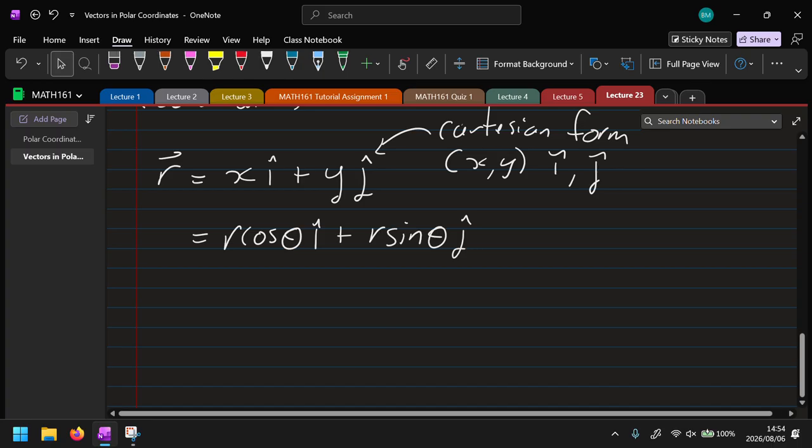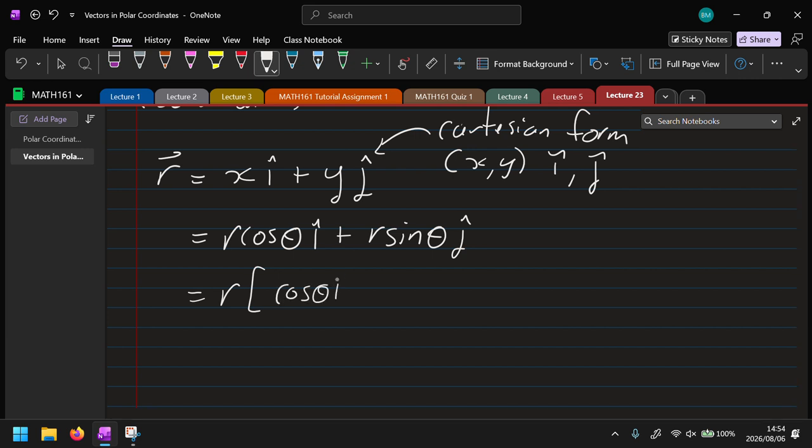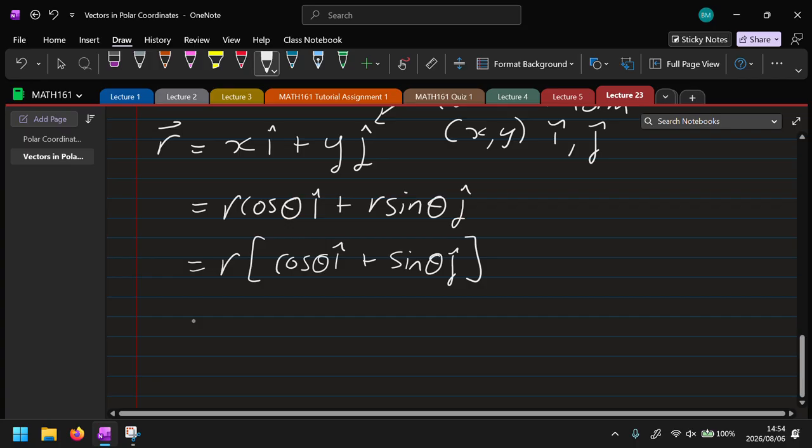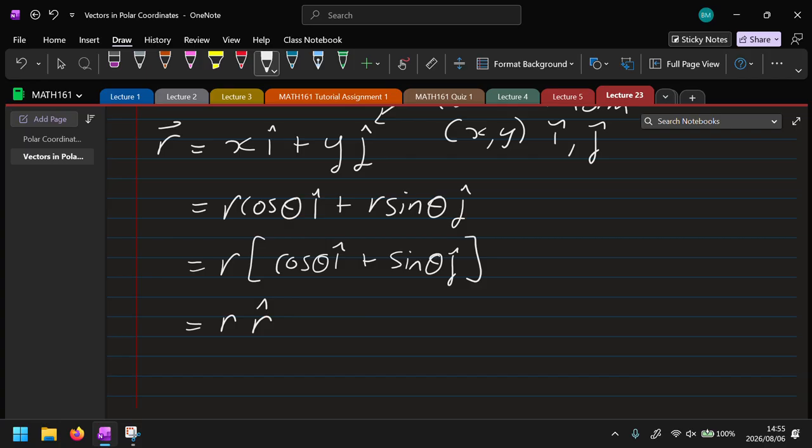We can take it out. Now this vector in the square brackets there, that is r hat. We'll see a little example on that. But this is r hat.